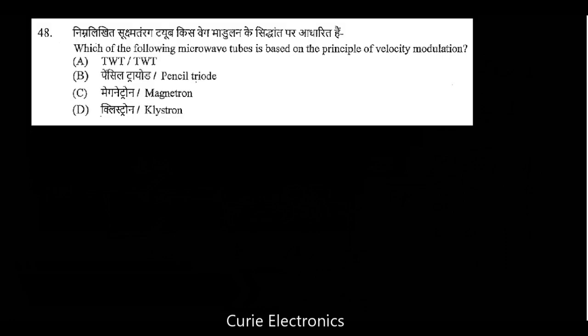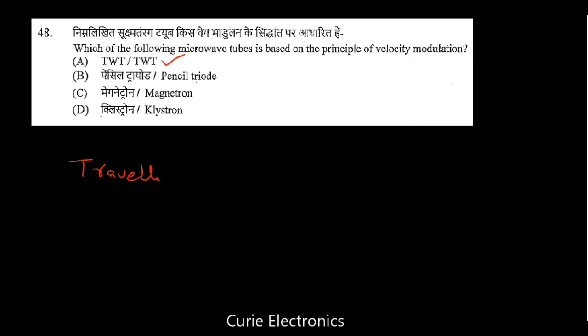Question number 48. Which of the following microwave tubes is based on the principle of velocity modulation? And the answer is TWT, traveling wave tube.